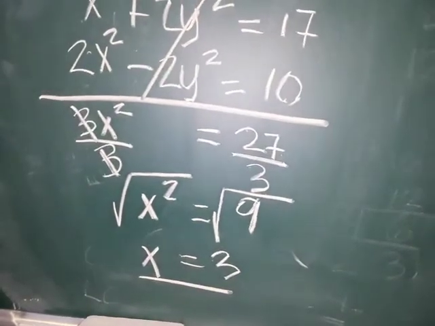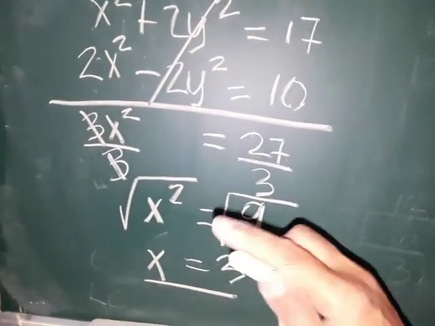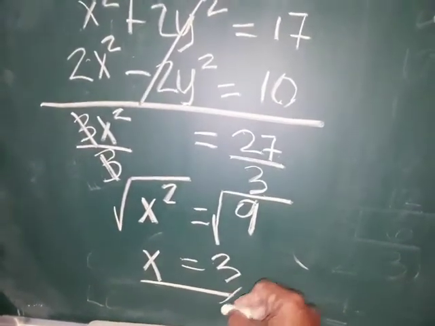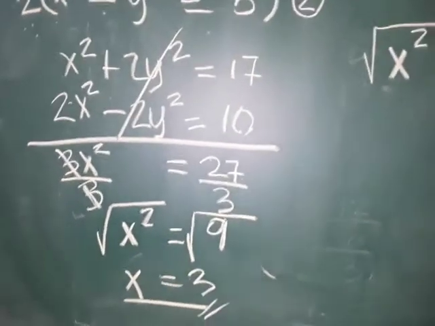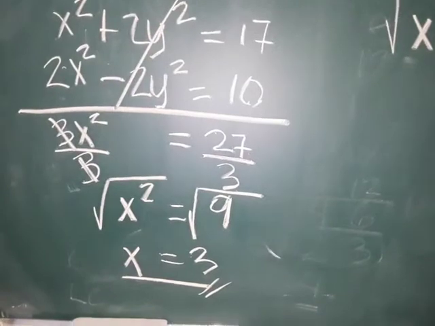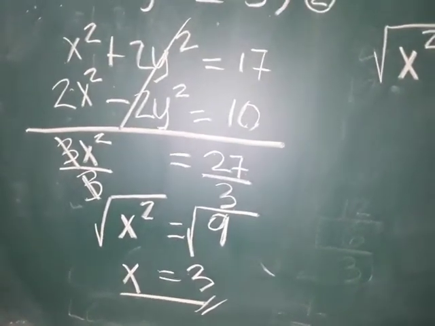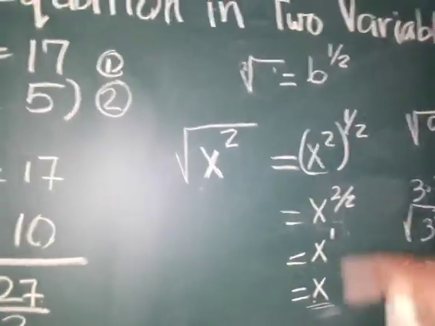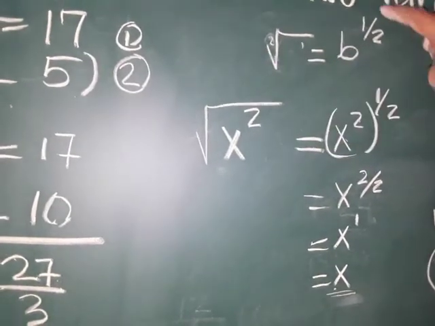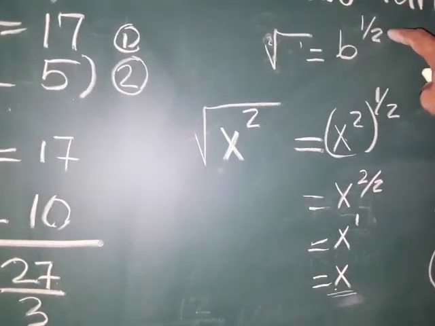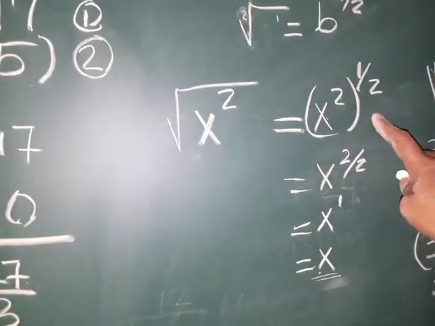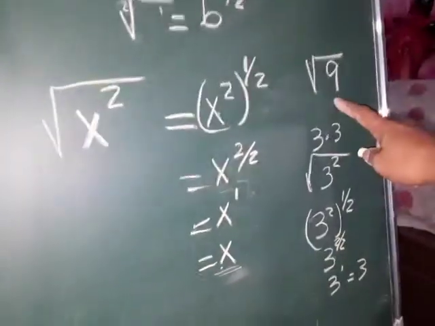That's why our x squared is equal to 9. Just put a radical sign on both sides, and then we have x is equal to 3. Before we proceed, I just want to clarify again: the radical sign means it is an exponent of 1/2. This is how we get the value of x when we put radicals and also the number.